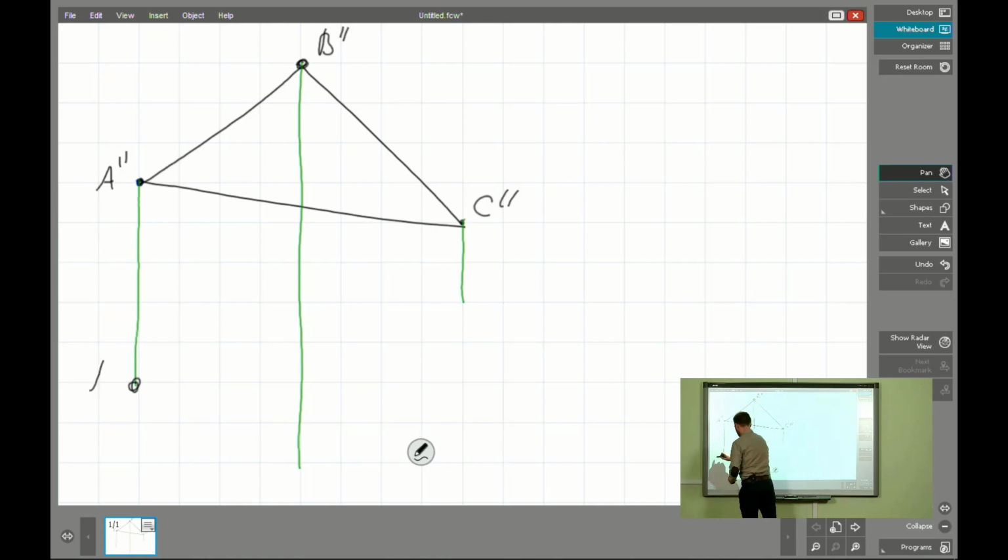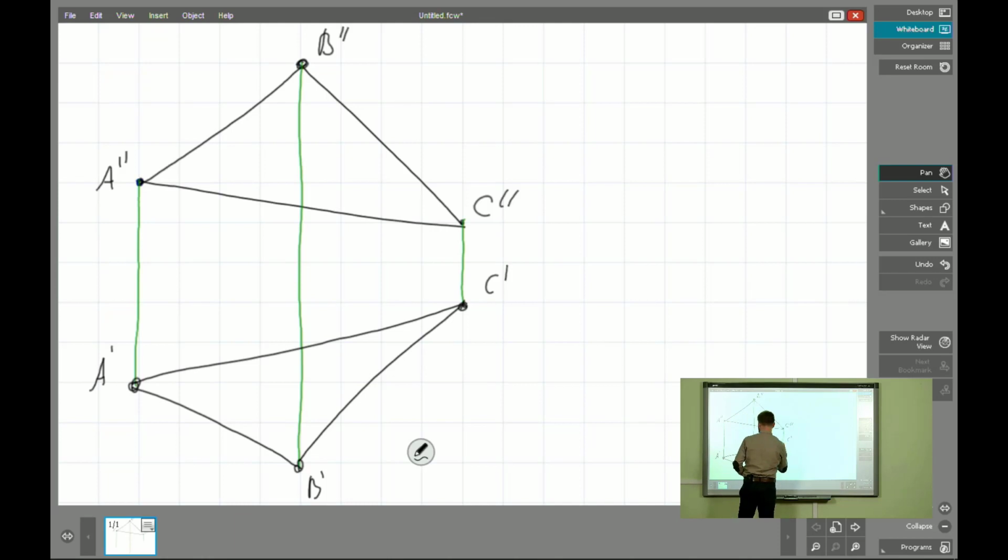Okay, and here we have A prime, B prime, C prime. Let's connect the lines, and we see we have 2 projections of the plane coded by 3 points.